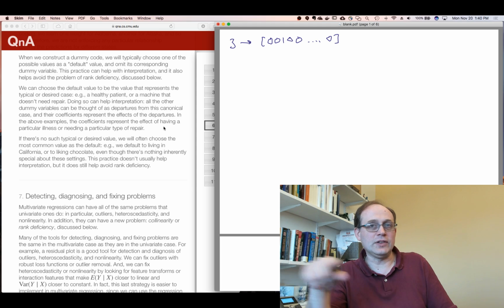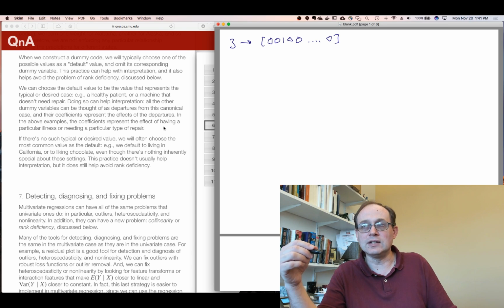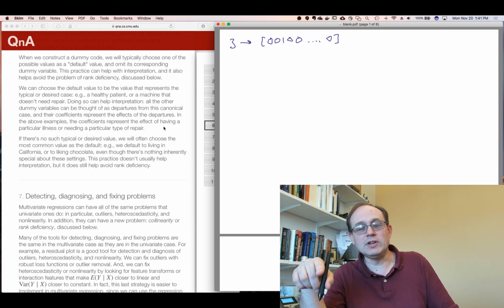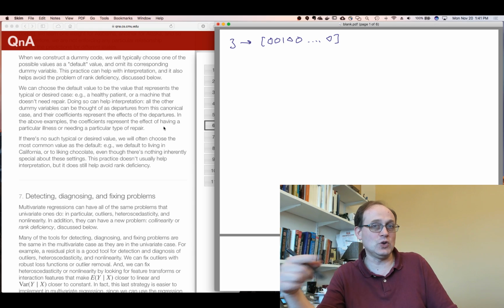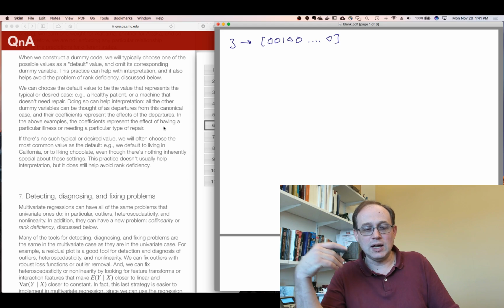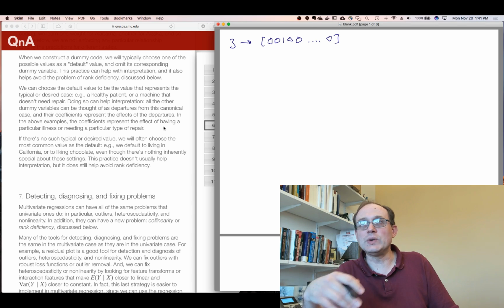They all sum to 1, and so after you center, they'll all sum to 0. And so you have a bunch of features which always sum to 0, and that means that there's a linear dependence in your set of features. And if you remember, that caused potential problems for linear regression. And so what we'll do is we'll drop the default feature, and that breaks the sum to 1, and everything works well again.